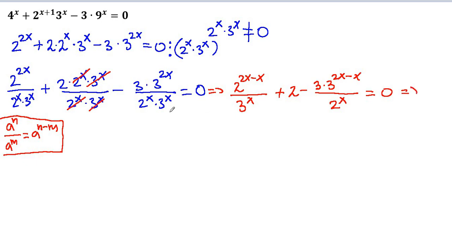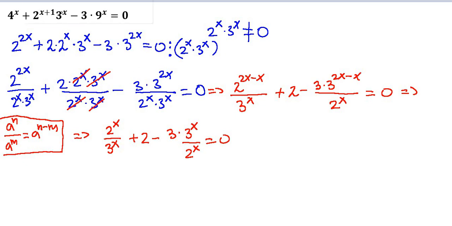This is equivalent to 2 to the power of x divided by 3 to the power of x, plus 2, minus 3 times 3 to the power of x divided by 2 to the power of x, is equal to 0.